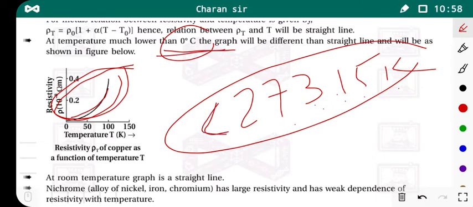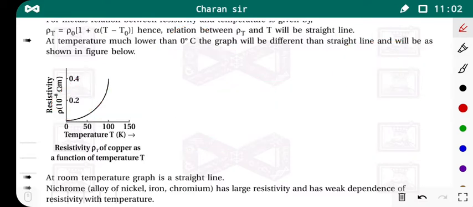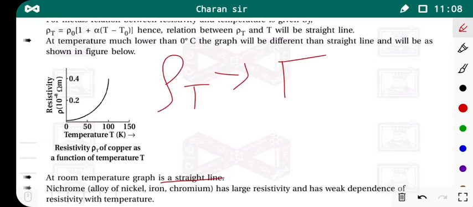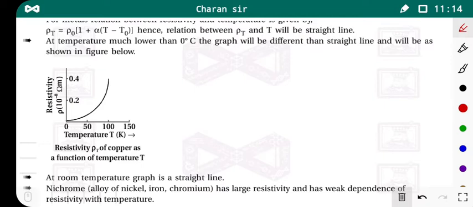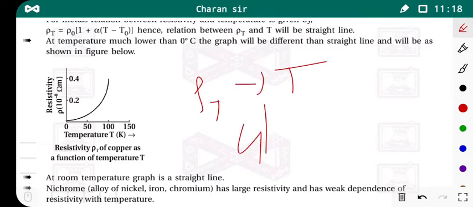Below this temperature, the graph is slightly deviated, but at room temperature the graph between resistivity and temperature is a straight line. Now we discuss the resistivity temperature graph for an alloy.